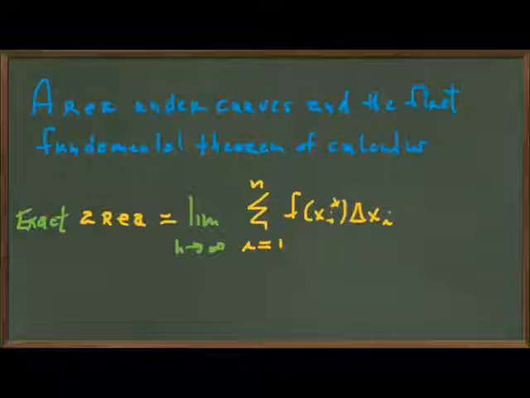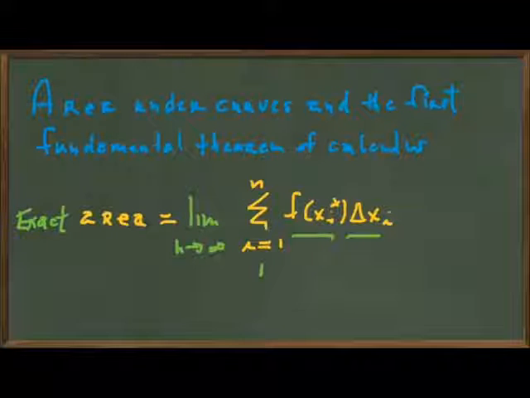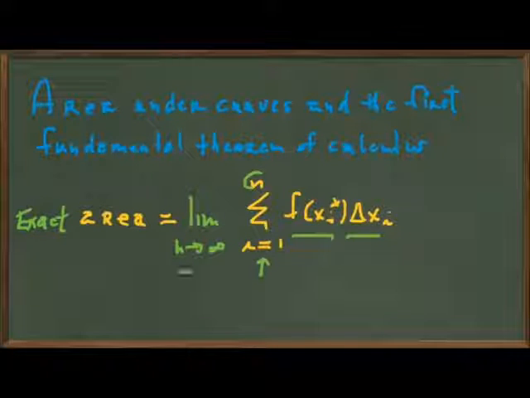So I hope you were convinced in the last part of that lab that as we took more and more of the Riemann rectangles, the rectangles that had this height and this width, and then we took the sum of all those n sums, but then we let more and more rectangles enter in and took the limit, that we got what we called the exact area under the curve.